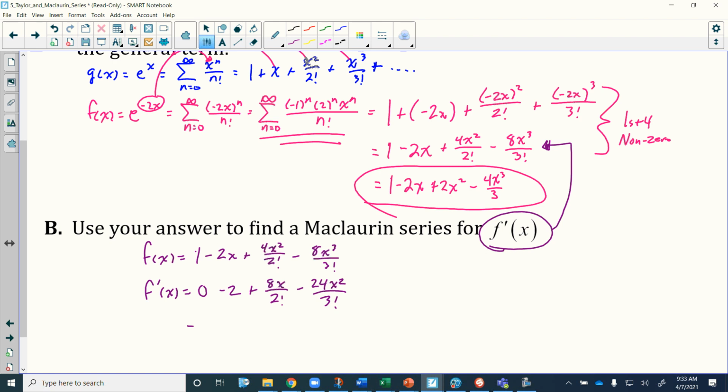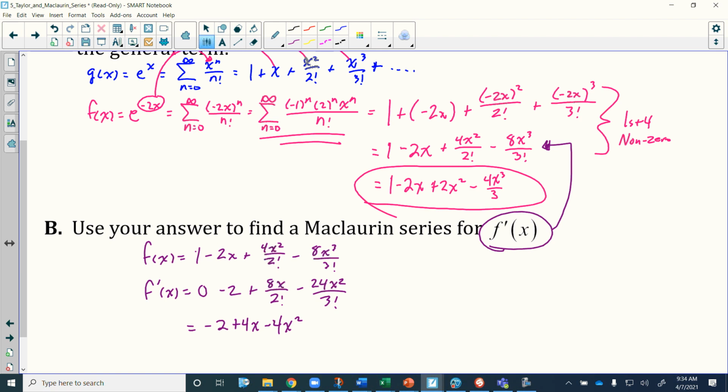Of course, the 0 doesn't matter, so we have negative 2. 8 over 2 factorial simplifies to just be a 4, so plus 4x. And negative 24 divided by 6 will wind up being minus 4x squared.